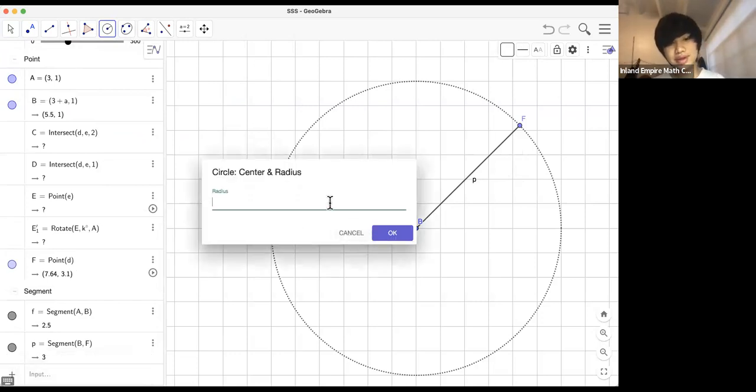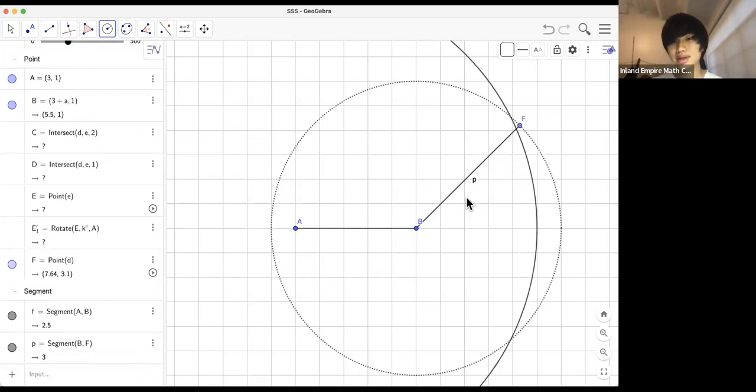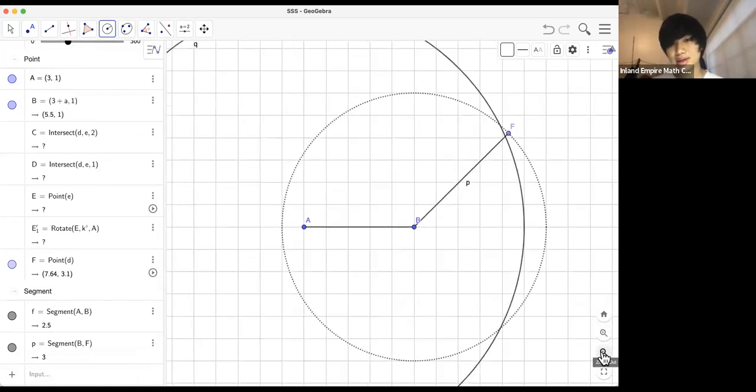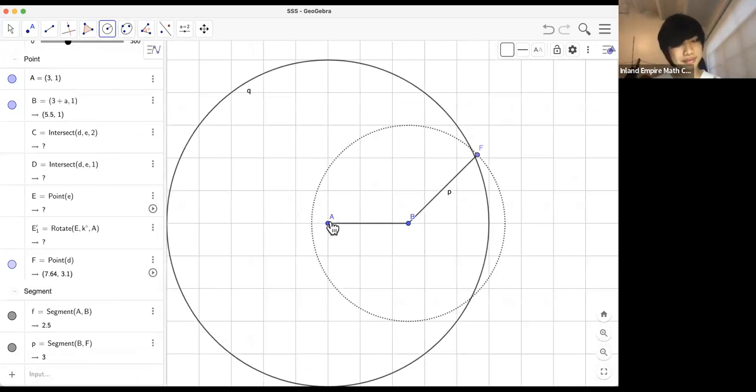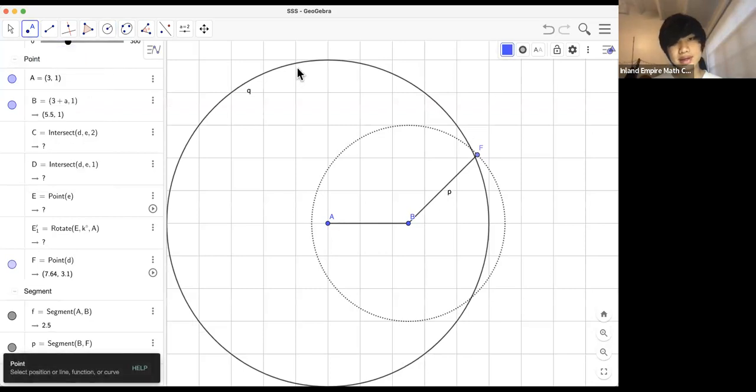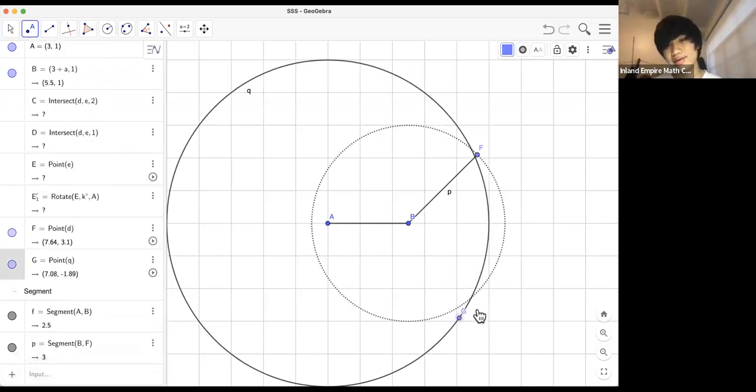So let's say we have another circle with radius 5. Because this other side has a side length of 5, any point on this circle will also be 5 away from A.